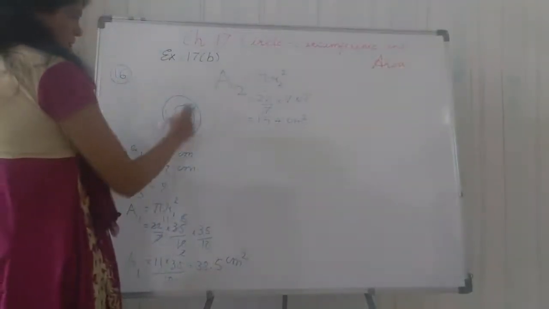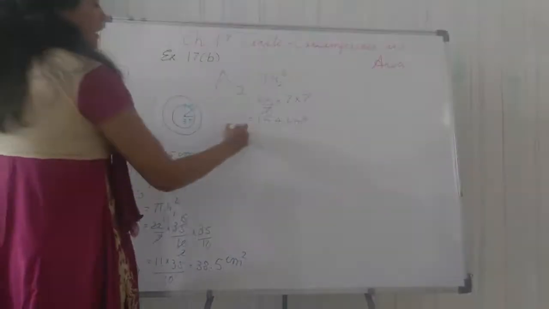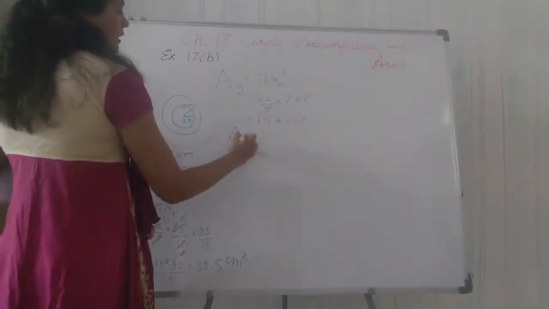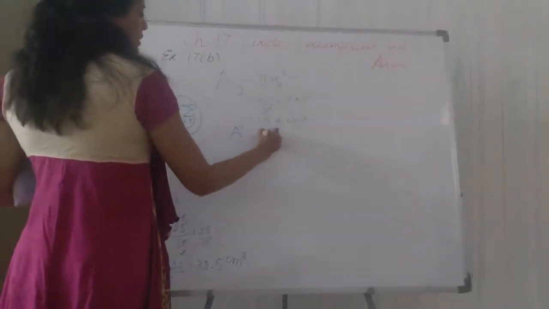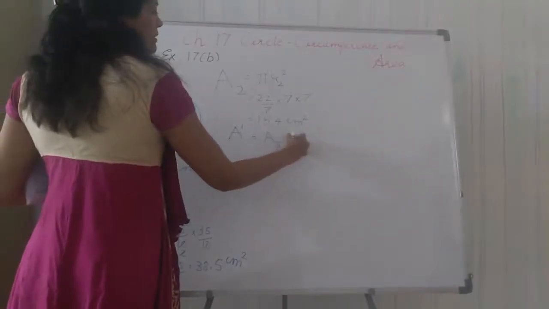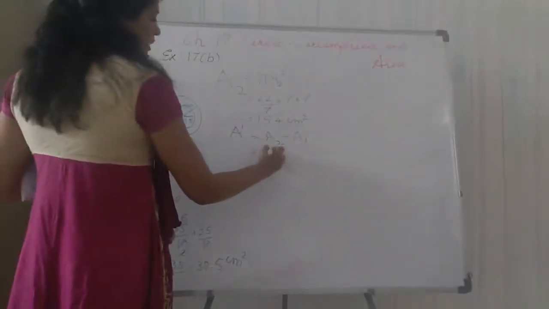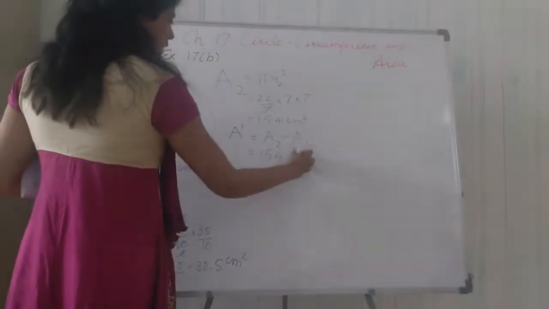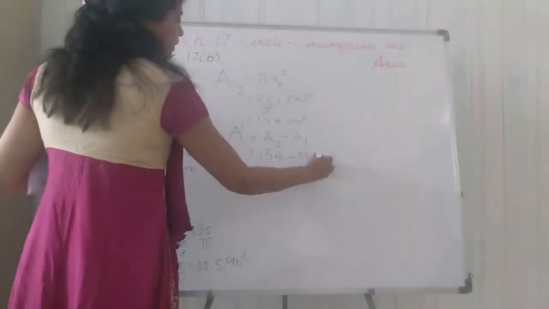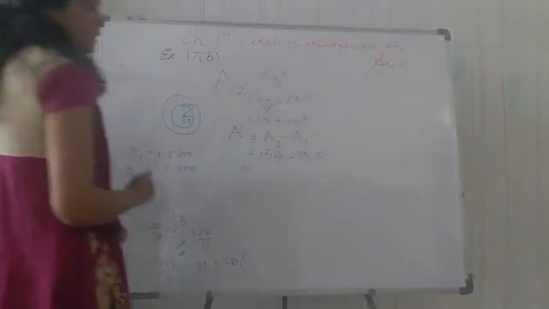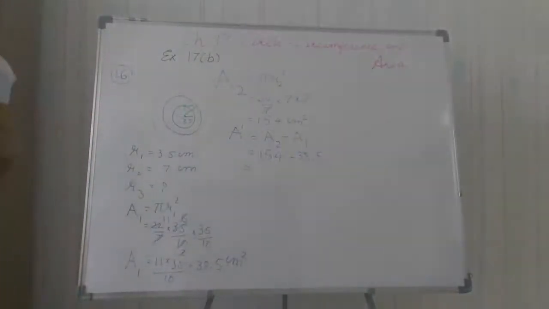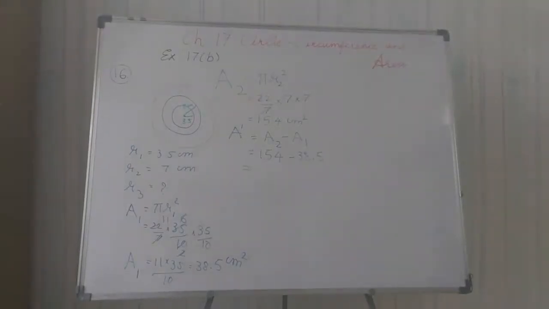Now to get this in between area, what I take? A dash is equal to A2 minus A1. We have to do outer area minus inner area. So 154 minus 38.5. So we calculate this first.